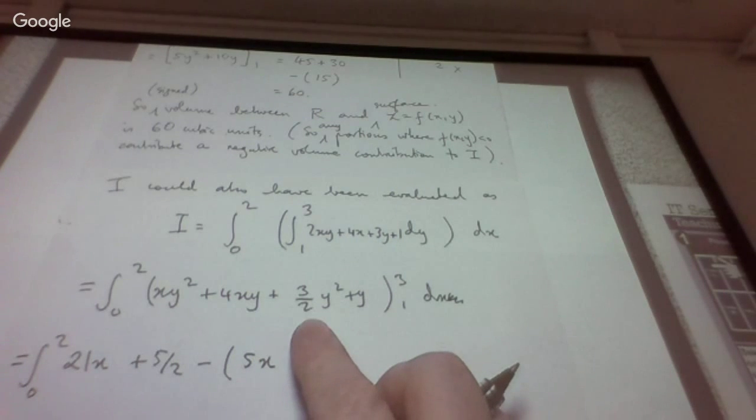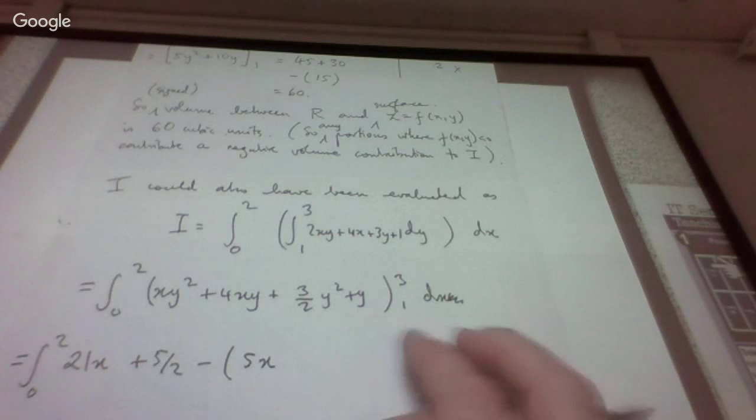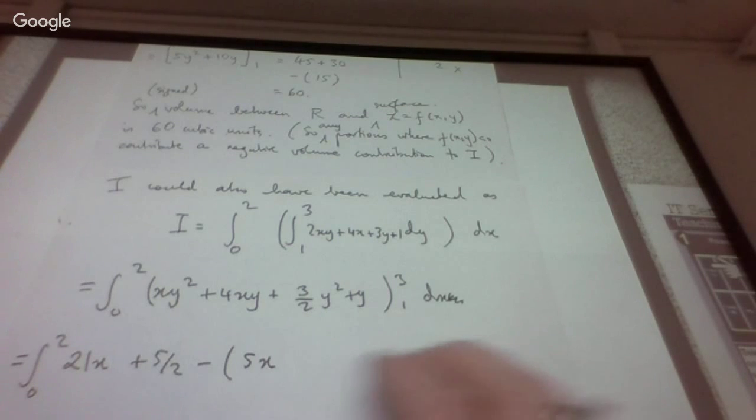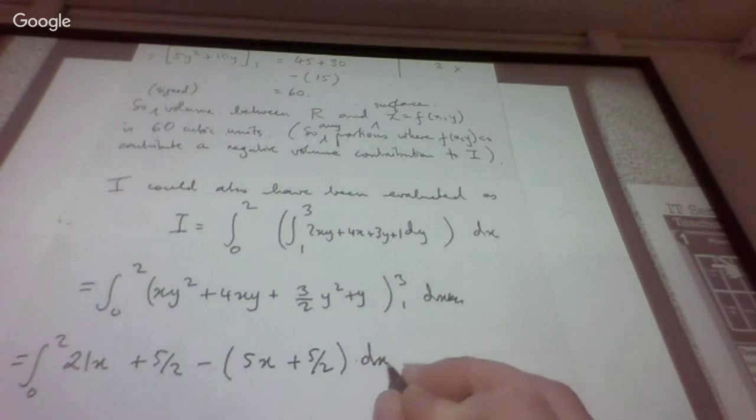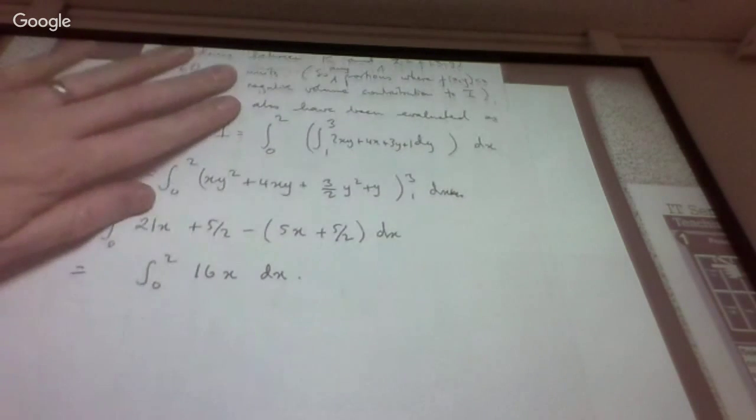And 3 over 2 and minus, that would be minus 5 over 2. So it's still plus 5 over 2. So that cancels. So the integral from 0 to 2 of 21x minus 5x, so 16x. Just 16x, it would appear.